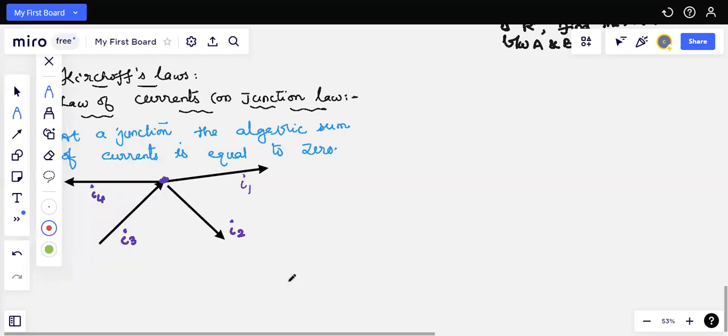In this junction, observe, I1, I2, and I4 are the currents leaving the junction, whereas look at I3.